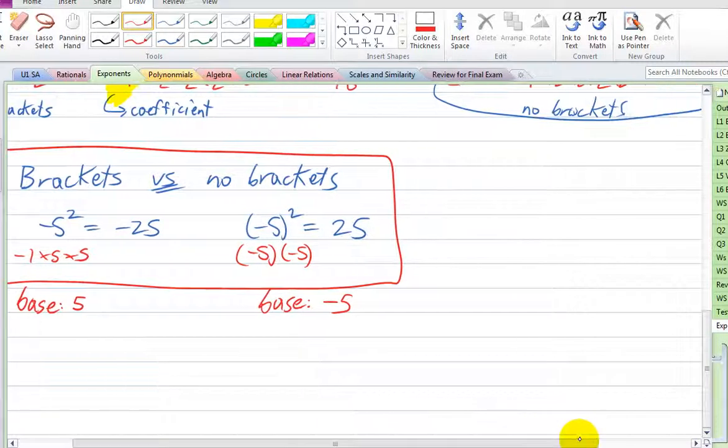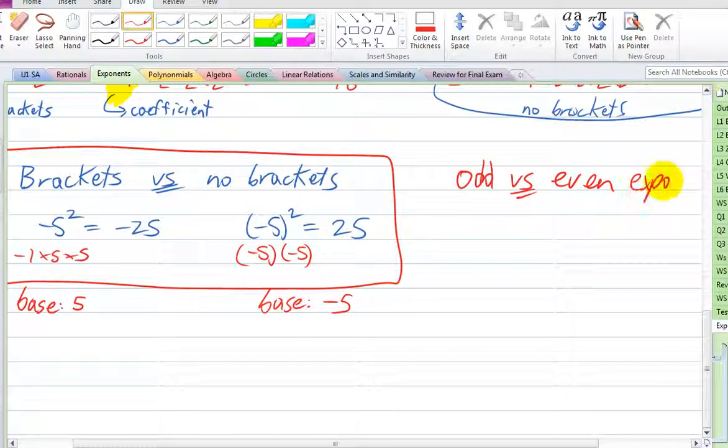So the other thing we talked about was an odd versus even exponent. And we're going to bring this up again. Okay, the textbook doesn't really mention it outright, but if you have -2 in brackets to the exponent 3, the exponent is odd. Therefore, you will have a negative answer.